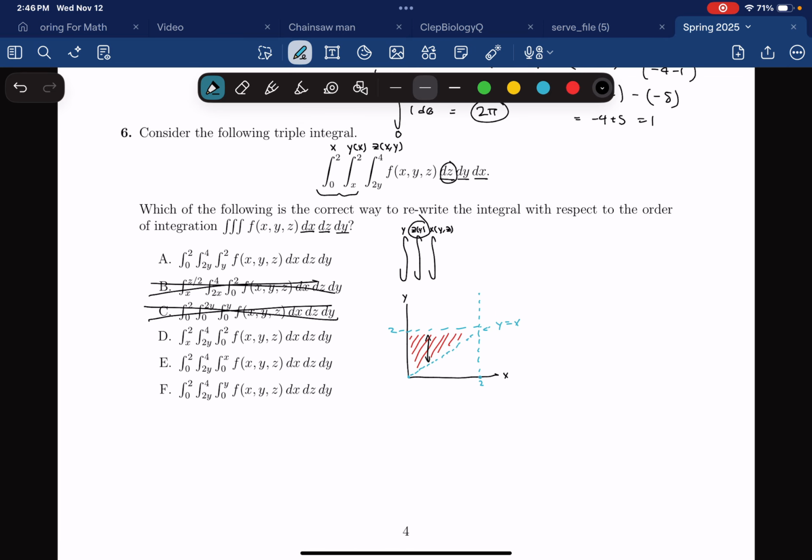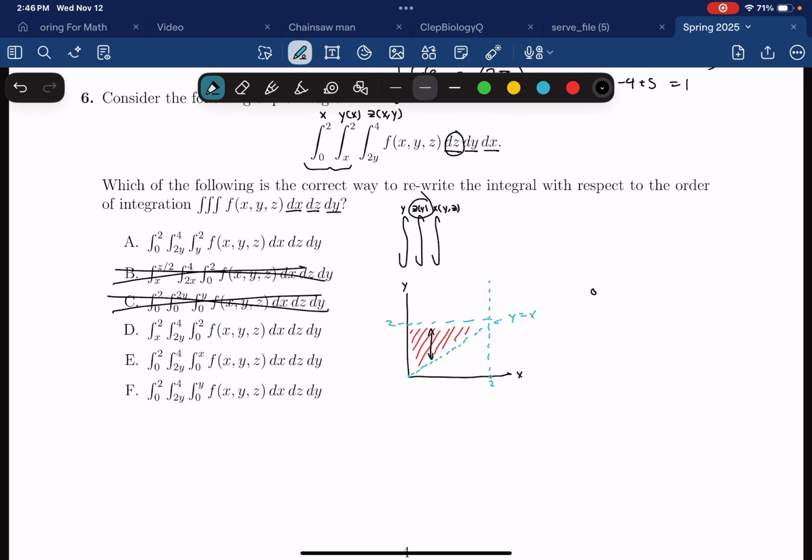So let's flip the integral, right? We know that 0 is less than x, which is less than 2. Actually, x is less than y, which is less than 2. So x is equal to y, just like how y is equal to x.